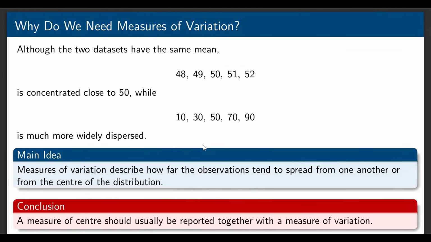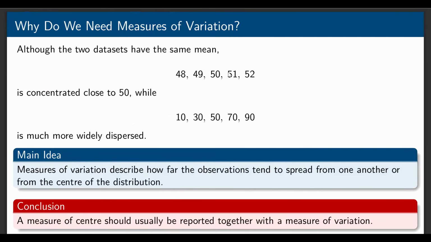Now, why do we need to measure variation? Even though we may have two data sets that have the same mean, like we saw in the previous slide, the first data set is concentrated close to 50, which is the mean, while the second data set is much more widely spread.